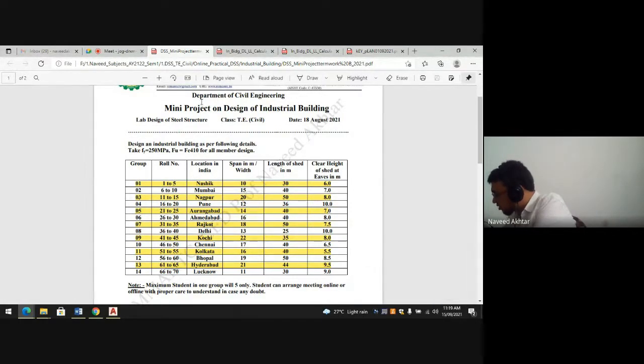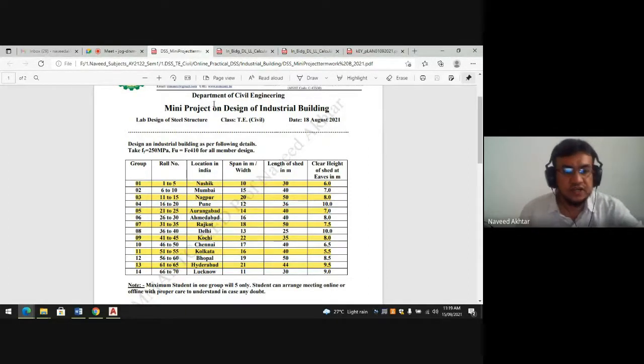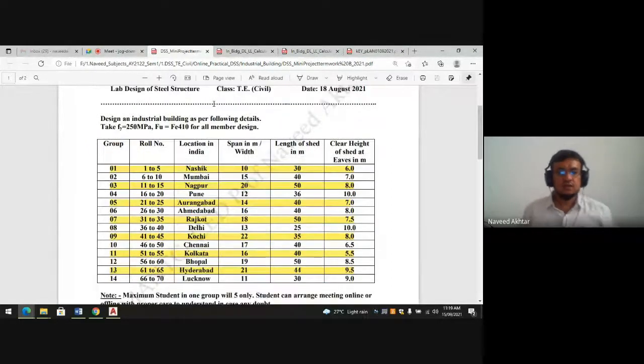As per the roll number, you have to complete your industrial building, and these are the problems given. This sheet is already shared on your WhatsApp group and your Google Classroom also.